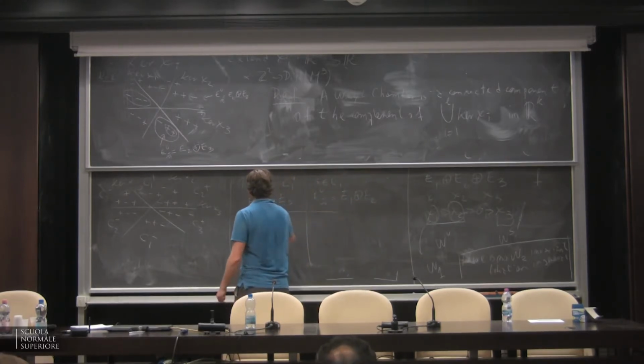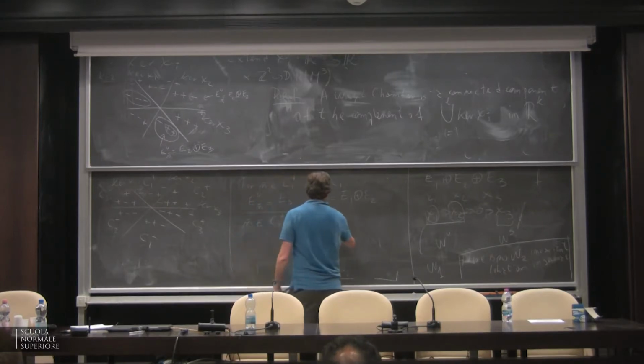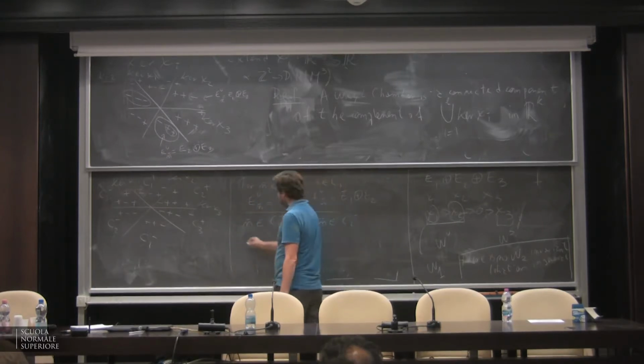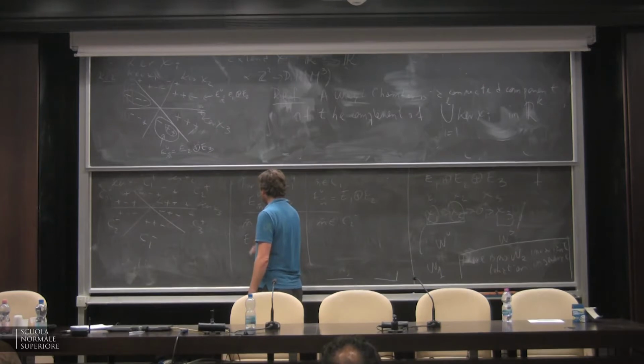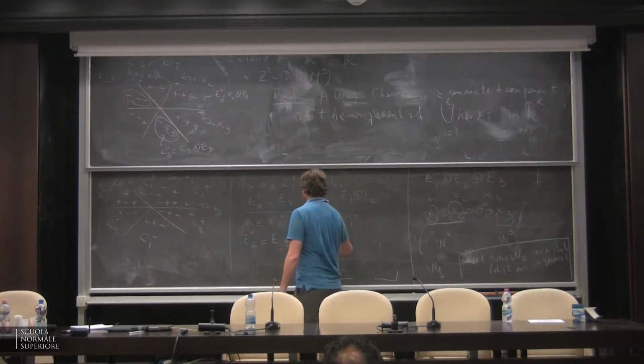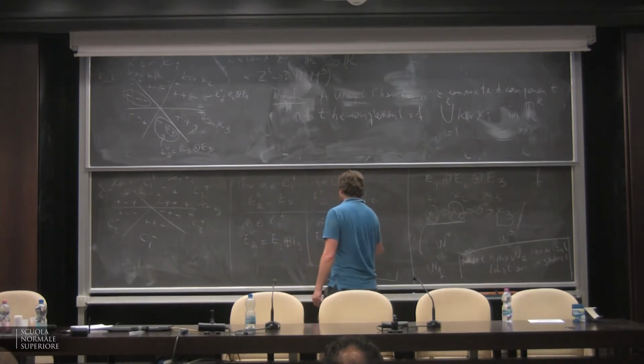Now if I take n in C2 plus, and here n in C2 minus, I will have that the EU of n is E2 plus E3, and here the EU of n is E1.